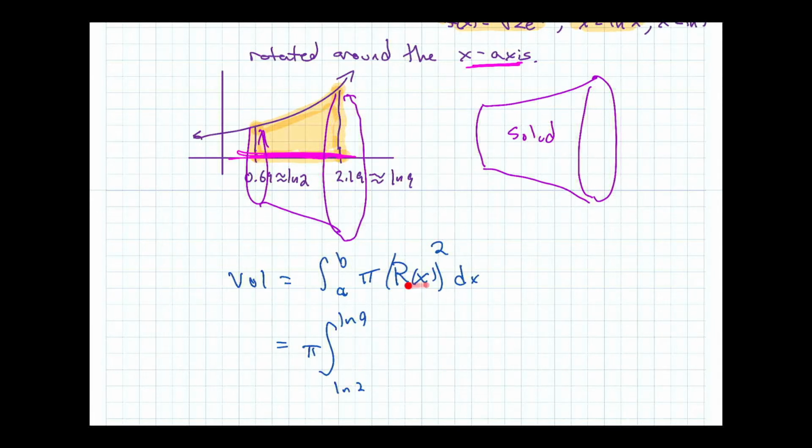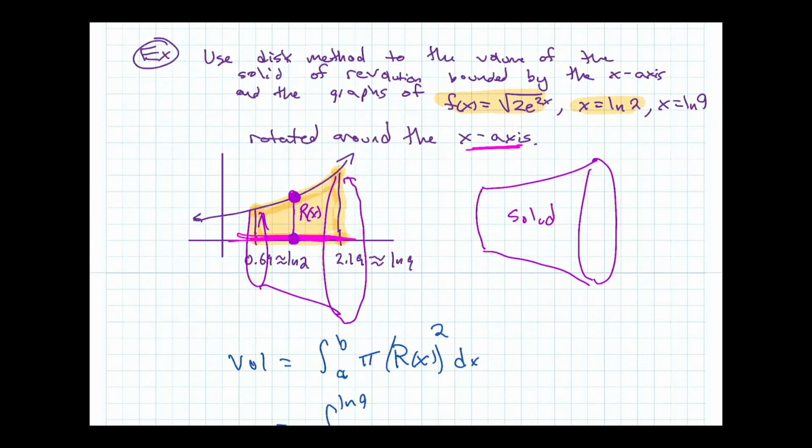R of x squared, that's where you need the radius. On almost all of these problems, the radius always goes from the axis up to the curve. That's always the r. The point is that this radius, this distance, is just whatever that function value is. That's the y value right here from this function.